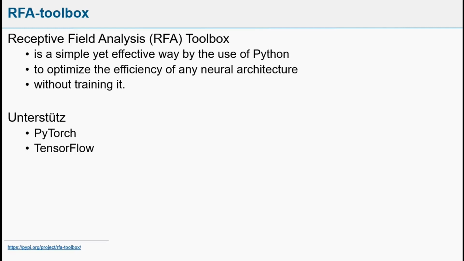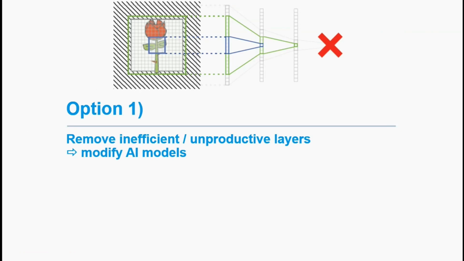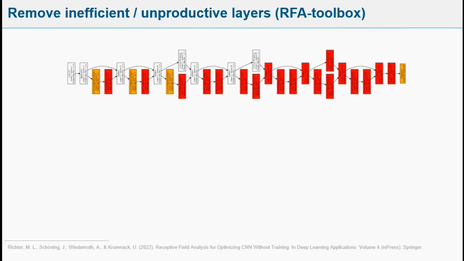This is a freely available Python toolbox for the receptive field analysis, and it can be used in PyTorch as well as in TensorFlow. And the important thing is that we now can test our architectures before training, and this is how it looks.